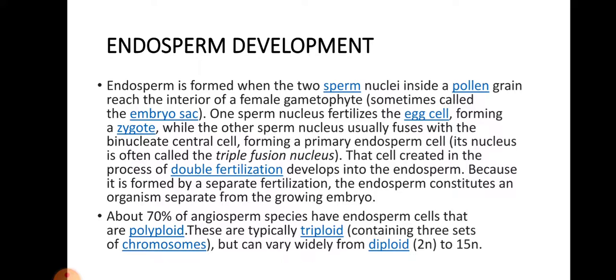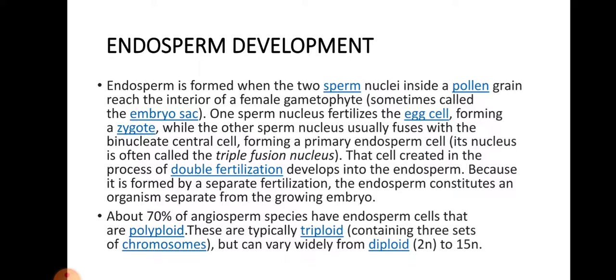Its nucleus is often called the triple fusion nucleus. The cell created in the process of double fertilization develops into the endosperm.